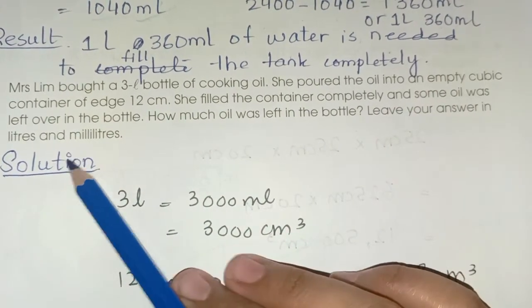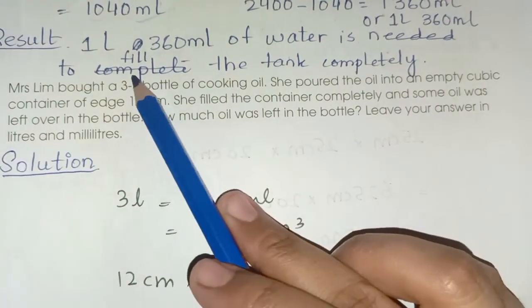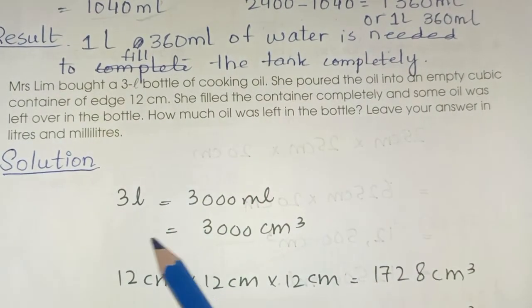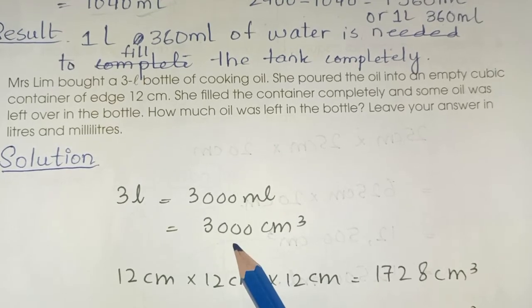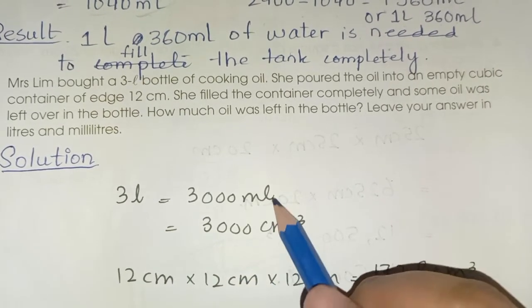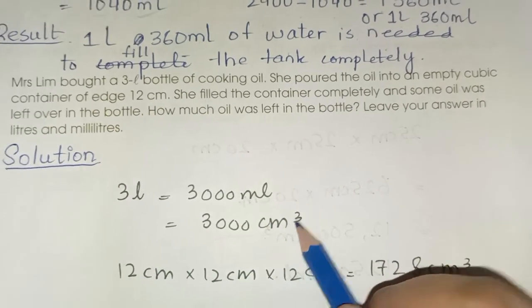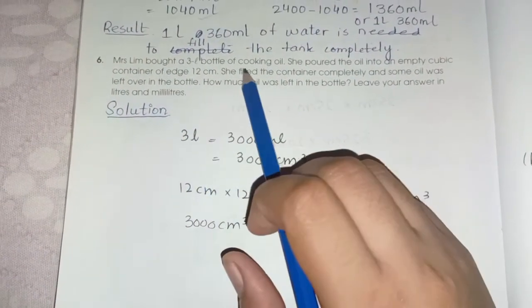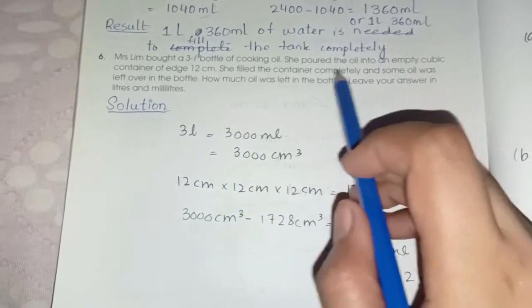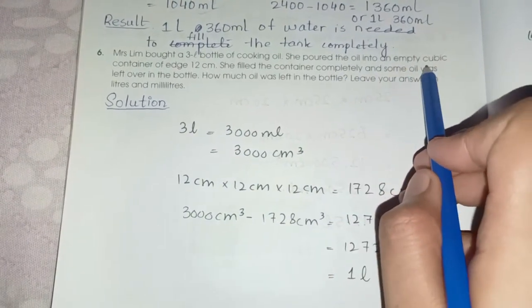Leave your answer in liter and milliliter. So first thing is, she used a 3 liter bottle. 3 liter means 3000 milliliter, and 3000 milliliter means 3000 centimeter cube.